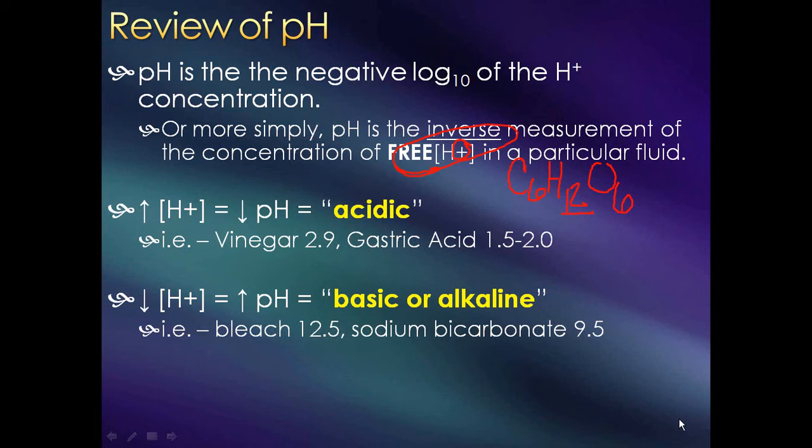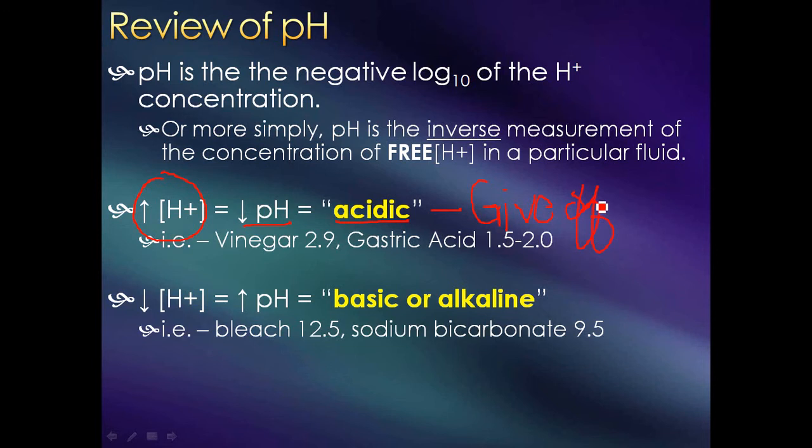Let's make sure we understand how this relates to a solution being acidic or basic. When we have an increase in the hydrogen ion concentration, we see a decrease in pH. This means that a solution is acidic. So compounds that are acidic like to give off hydrogen ions. Forgive my writing here, I'm learning to use a new pen device.